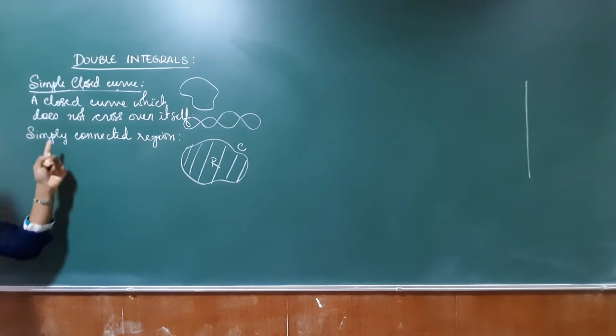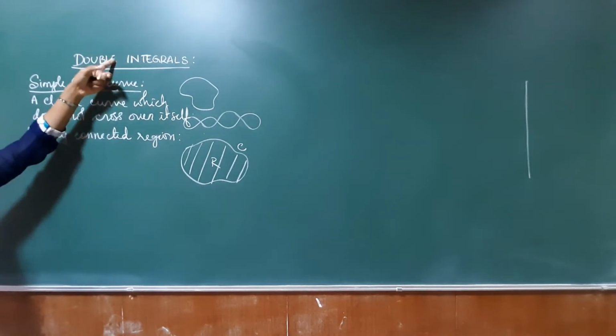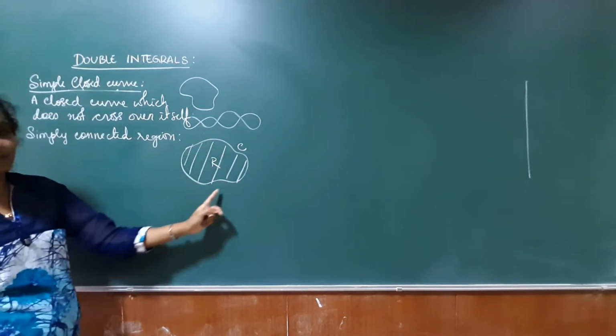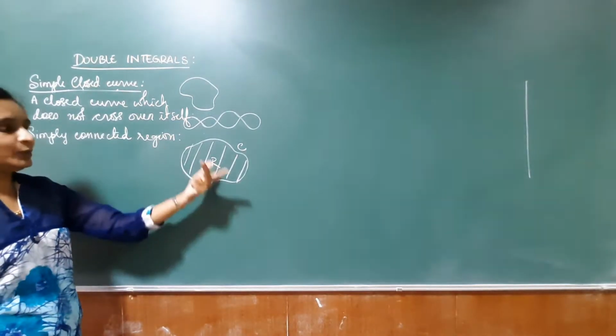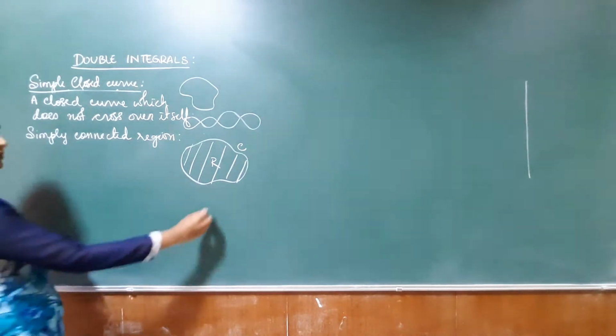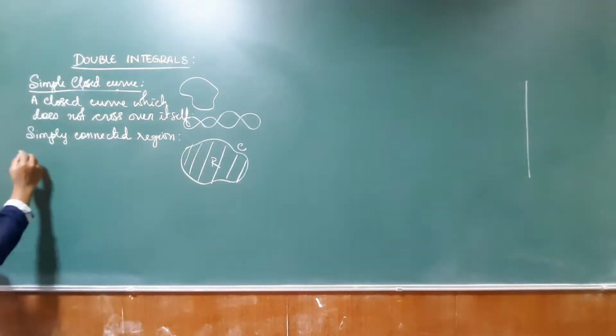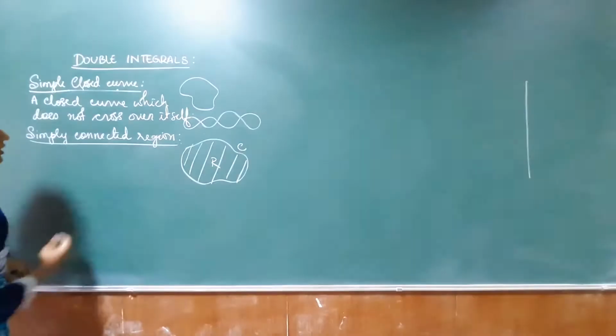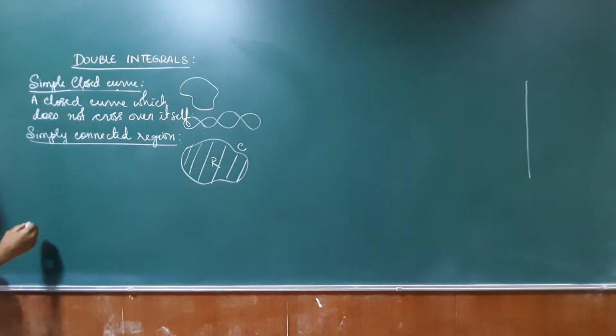Why I want these two things? We are defining double integral on this simply connected region. We are trying to integrate. Integration, you already learned, integration in one variable. So what is a simply connected region?